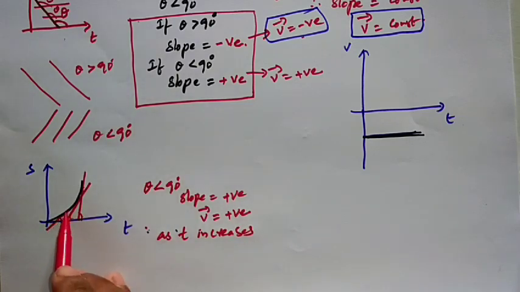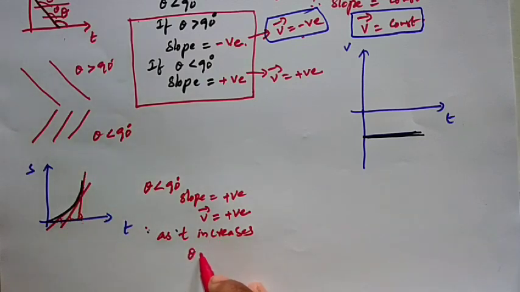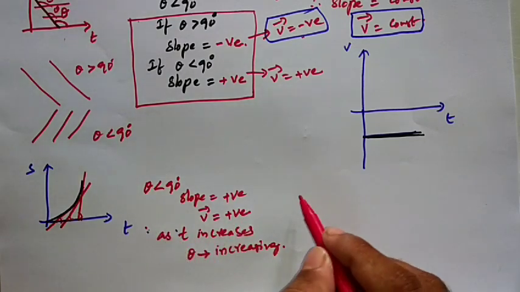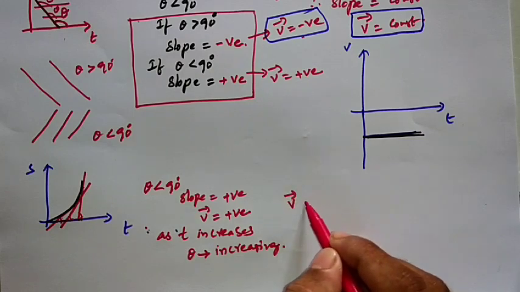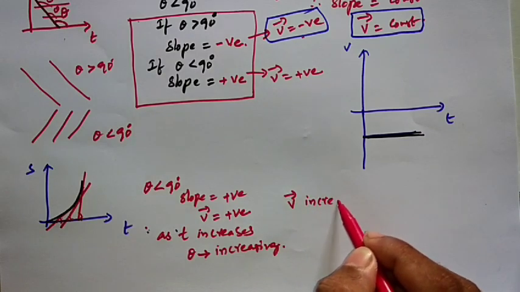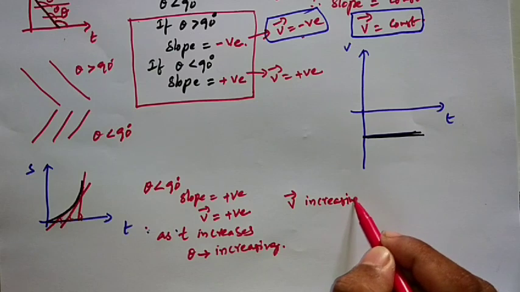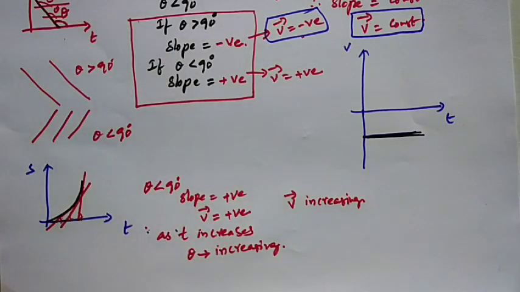As the time increases, at this point this is the slope, at this point this is, at this point this is. Theta is also increasing. Clear? As the time increases, theta also increases. This means velocity increases. Understood?